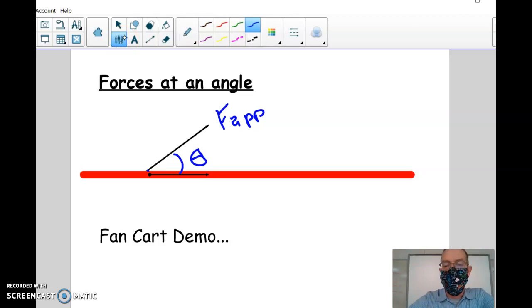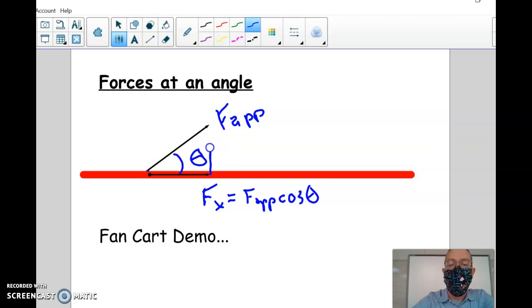And if that's the case, my Fx here, my force in the x direction, is going to equal my applied force times the cosine of theta, because this is my adjacent leg, this is the hypotenuse of this right angle here, and so this adjacent leg would be the cosine of that angle. And we're going to do a demonstration next week kind of showing you that idea.